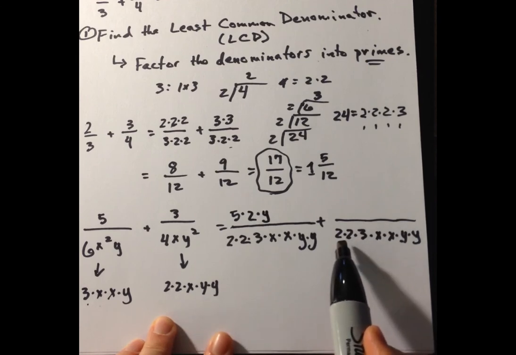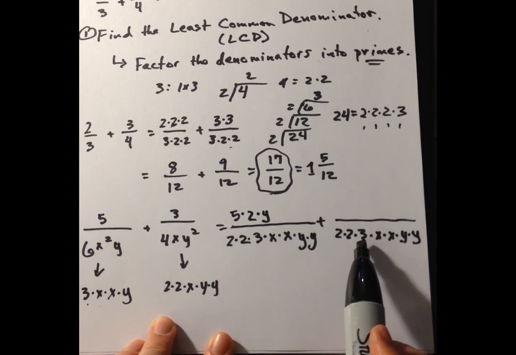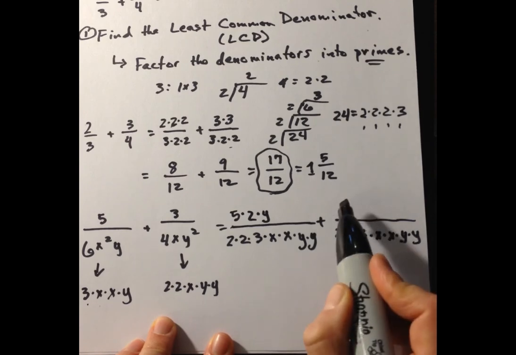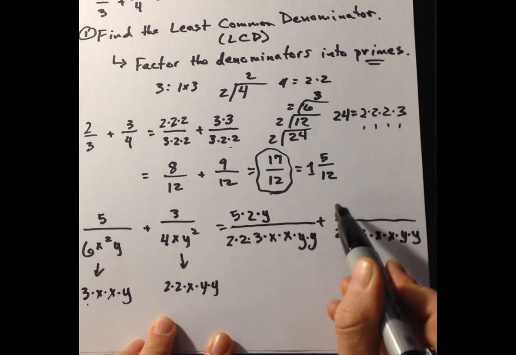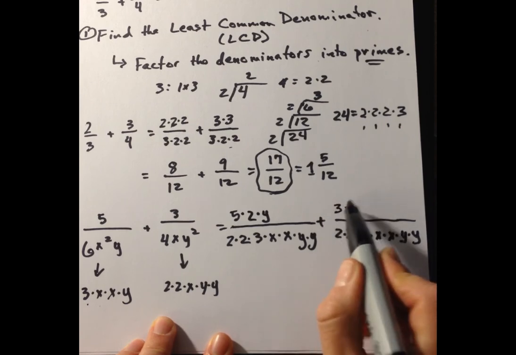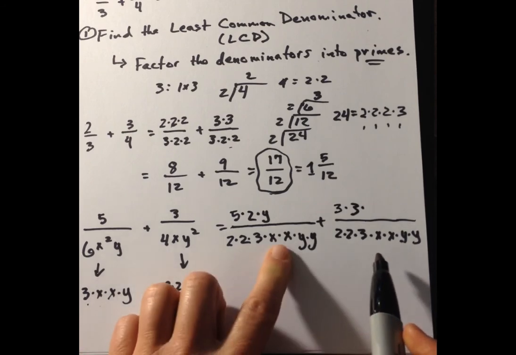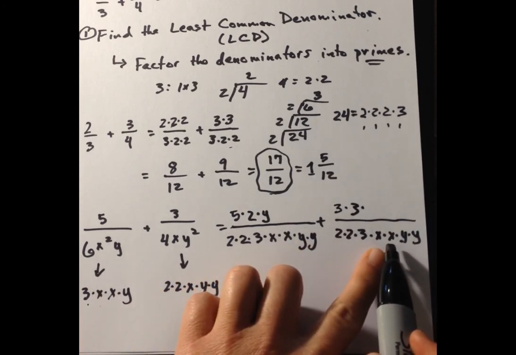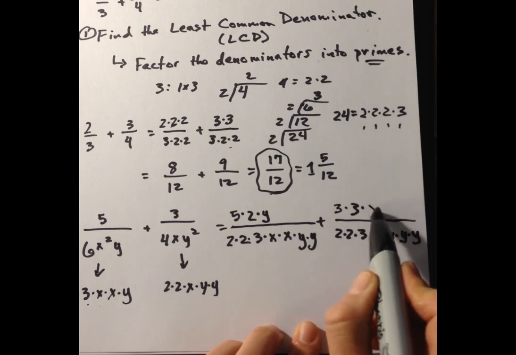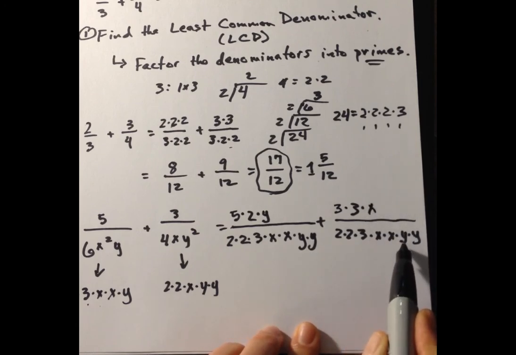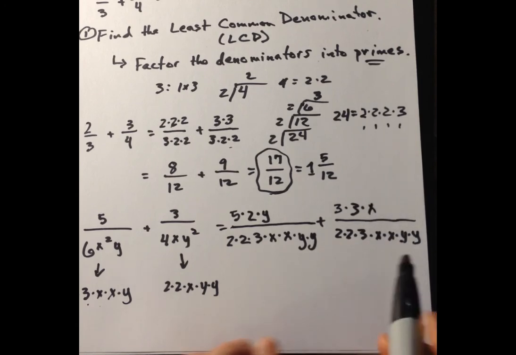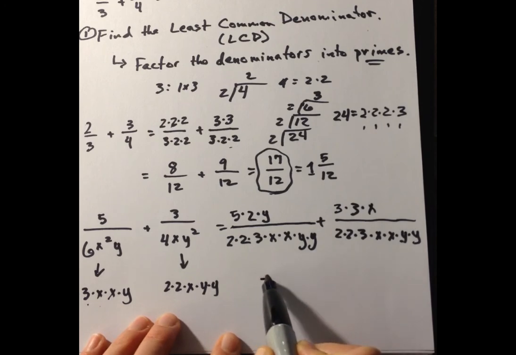Now over here for this expression, I have my 2 factors of 2, and then I multiplied by another factor of 3. So my original numerator here was 3. I'm going to multiply by another factor of 3 up here. And I have another factor of x that I multiplied by, and my y's are still what they originally were, so I don't have to do any y's there.